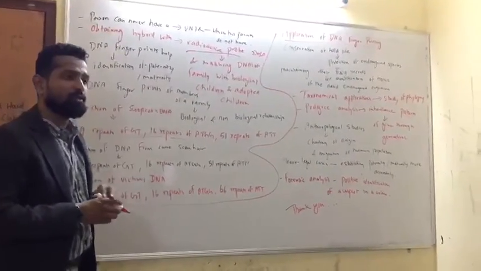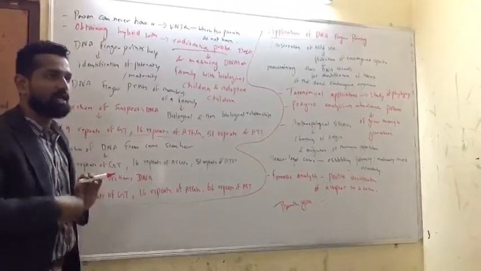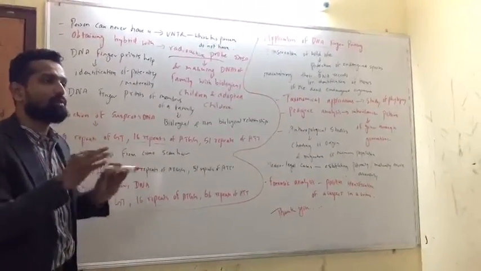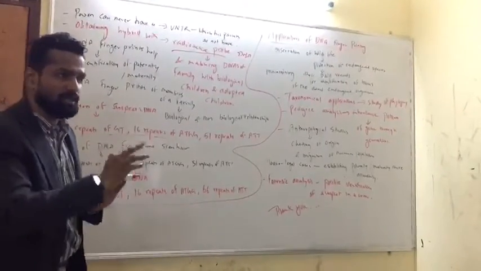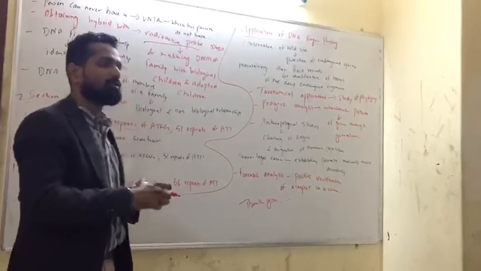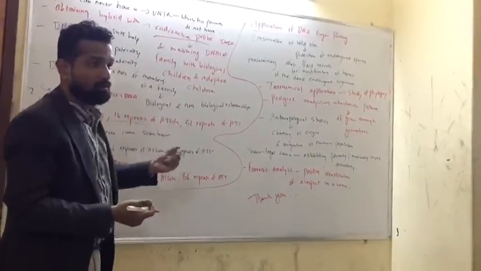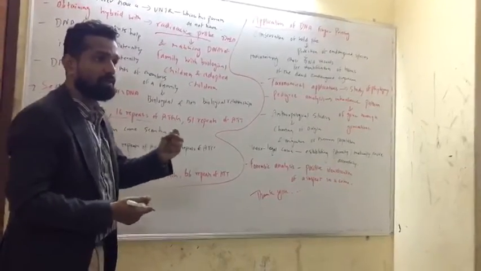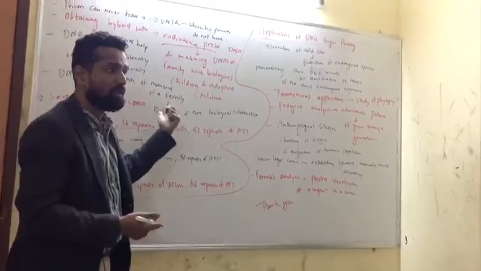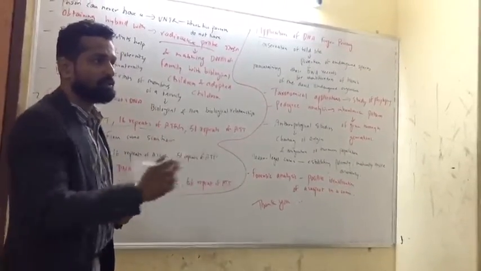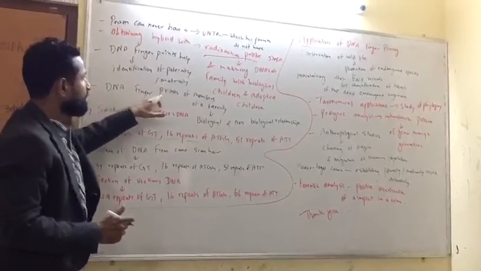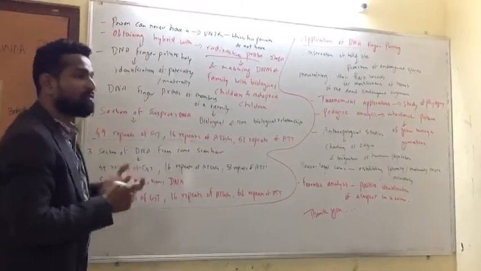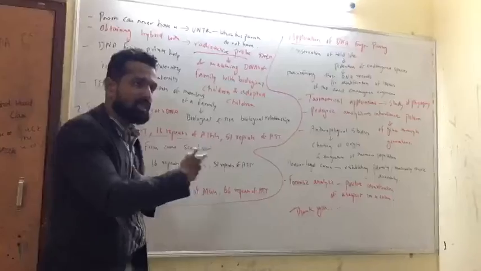The same applies to maternity. When a female gives birth, sometimes by mistake or some evil in the hospital the child is misplaced. In that case also, those who have the power to fight can go for DNA fingerprinting and prove that he is my son, and she is my daughter. Another point, DNA fingerprinting gives the details of the family, as I have just said.